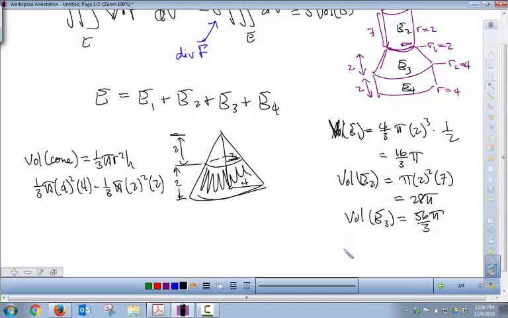And then the last volume is a cylinder again. So again, it's pi r squared h. R is 4, h is 2, 16, 32, 32 pi.